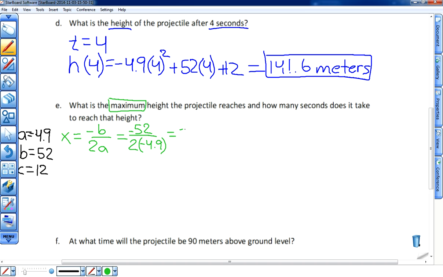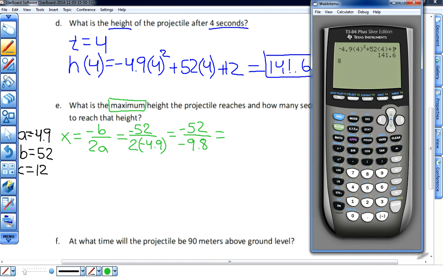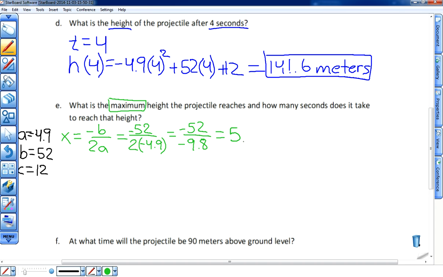So this is going to equal negative 52 all over negative 9.8. 2 times negative 4.9 is negative 9.8. Getting a final result for this, we want negative 52 divided by negative 9.8. Enter, and we get 5.31. We'll round it to 2 decimal places. So the x-coordinate of our vertex is 5.31.